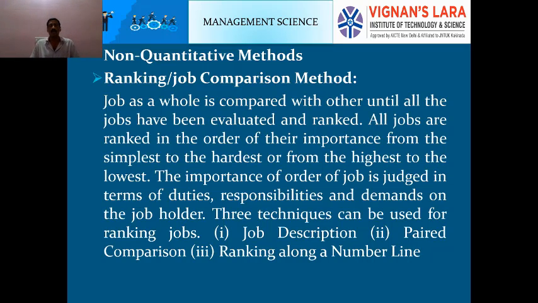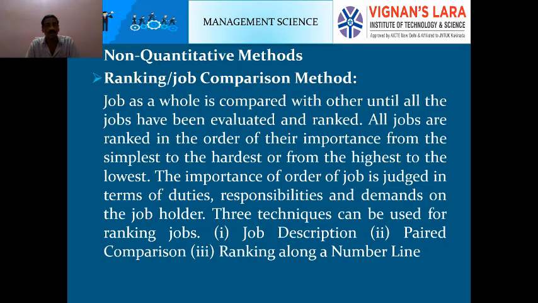That means ranking takes into consideration not only the output position but the depth of the job: what is the hardest, what is the highest and the lowest difficulty in the job. The importance of the job is judged in terms of duties and responsibilities, and the extent to which the worker has performed the duties.